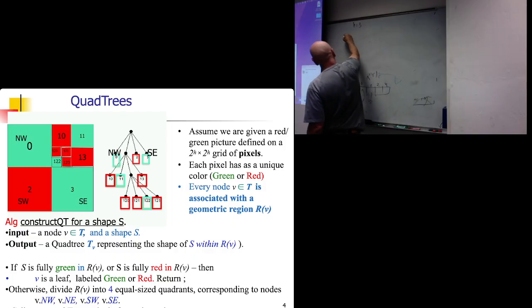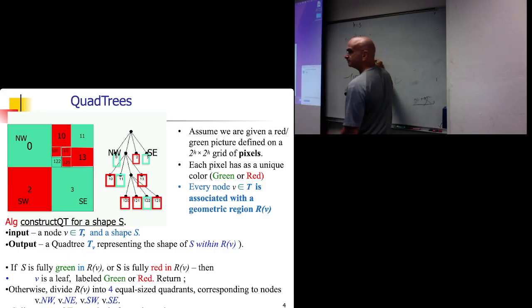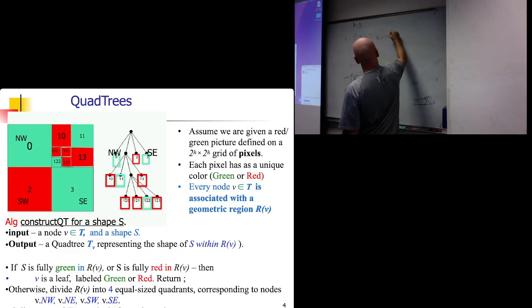It's actually 0 to 2 to the h minus 1, making it that the quadtree will be on the numbers 0 all the way to 7. And if I have the root of the quadtree, R of V, it covers all the numbers 0 to 7.